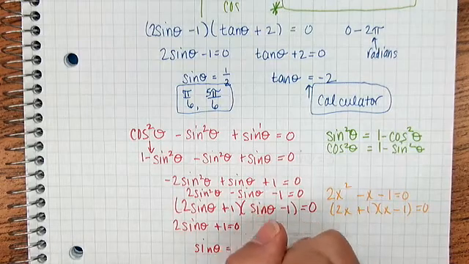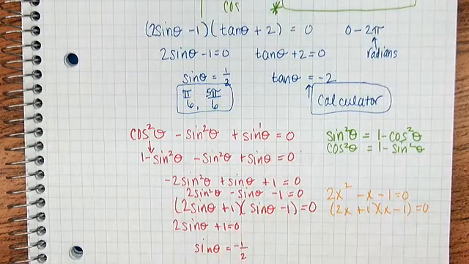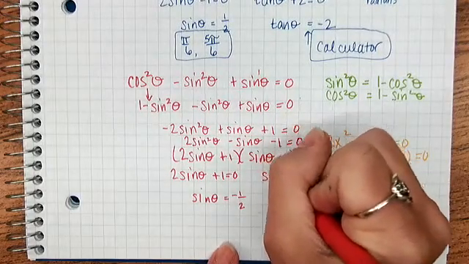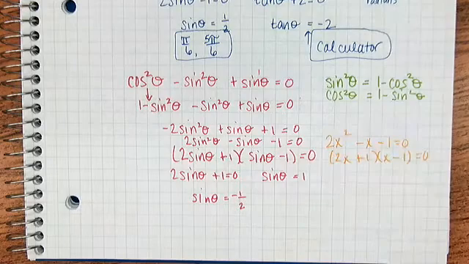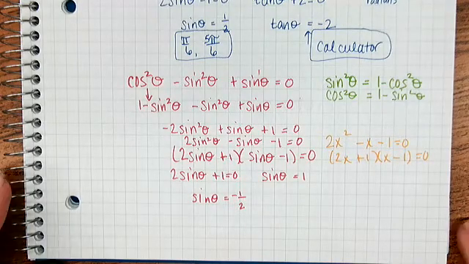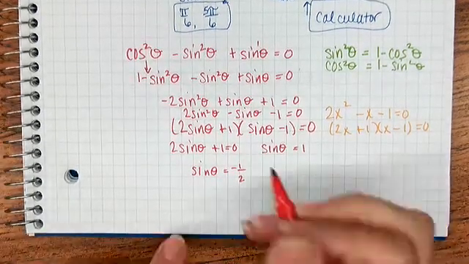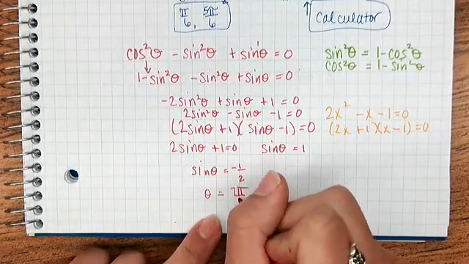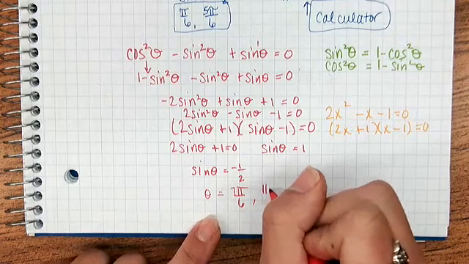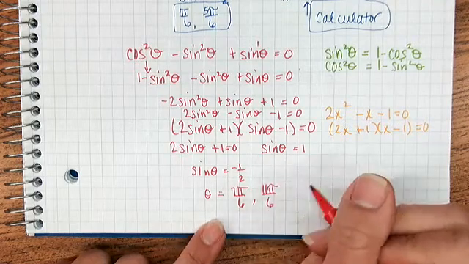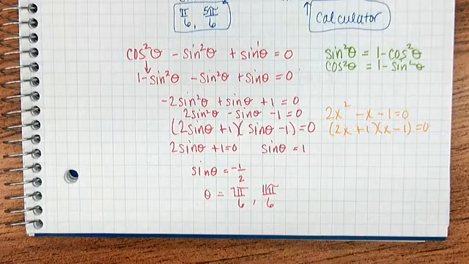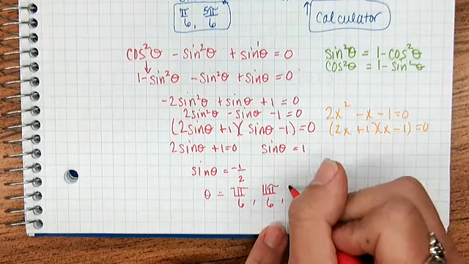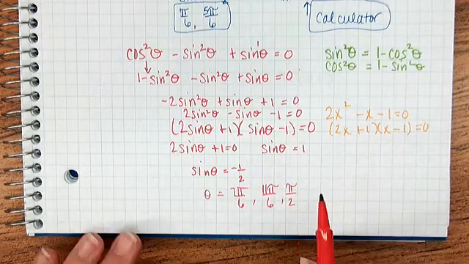So the sine of theta is negative 1/2. Or the sine of theta is 1. Okay, so sine is negative 1/2. I believe that is at 7 pi over 6, 11 pi over 6. And the sine of theta is 1 at pi over 2. 3 answers.